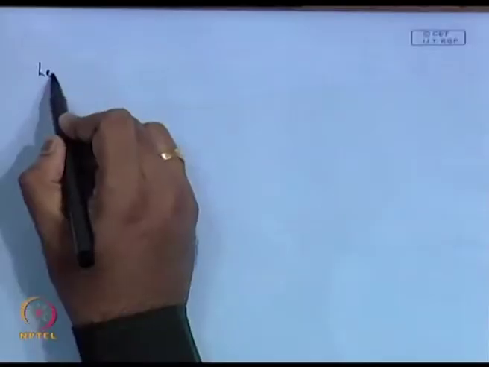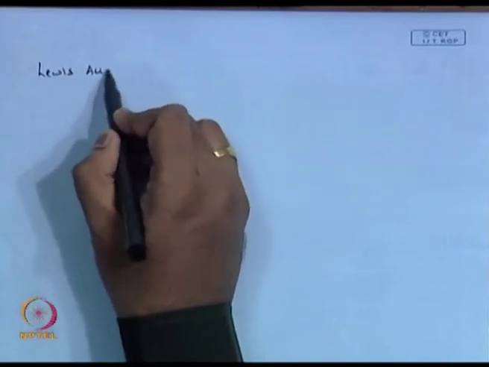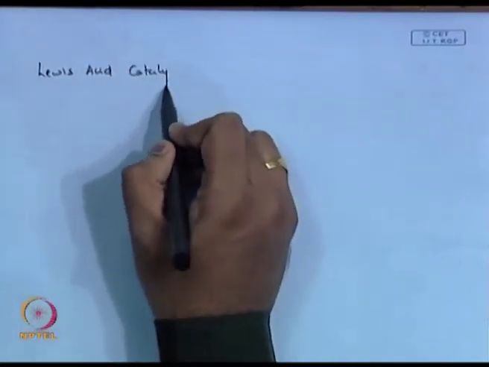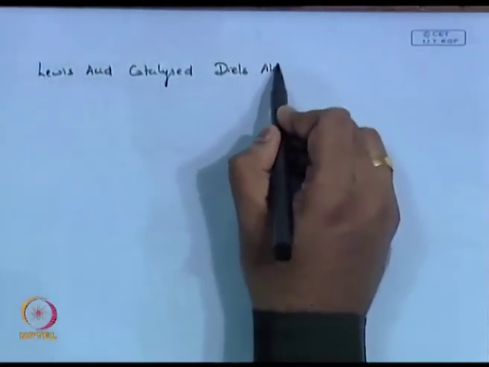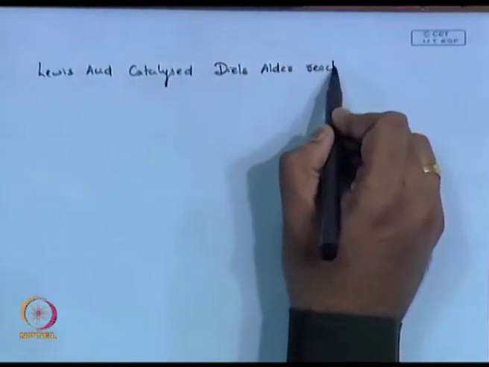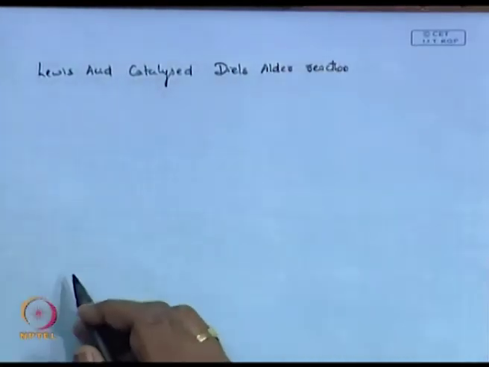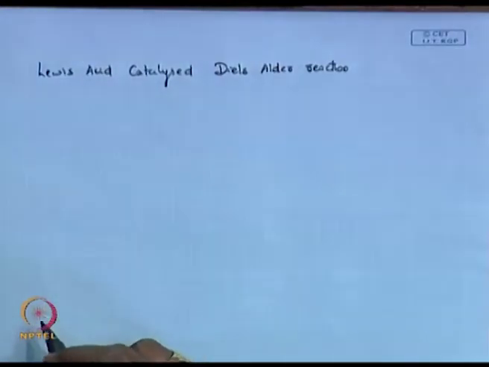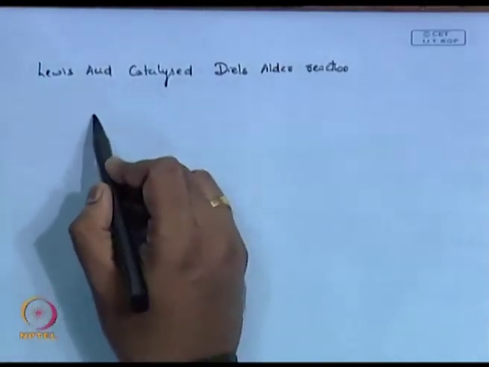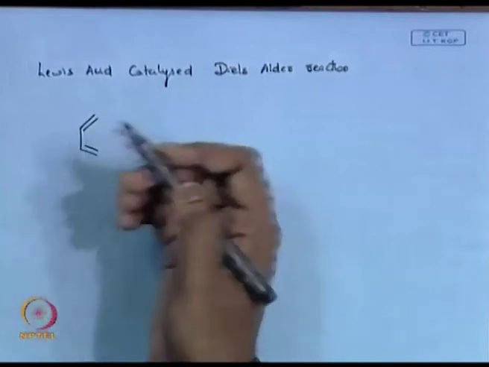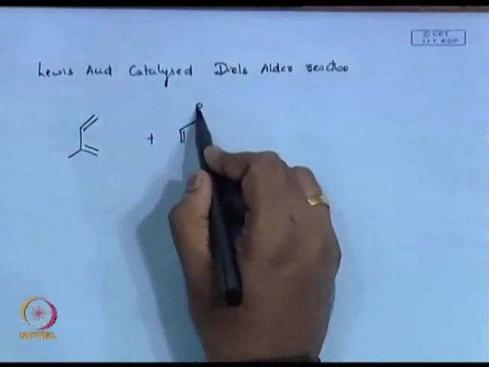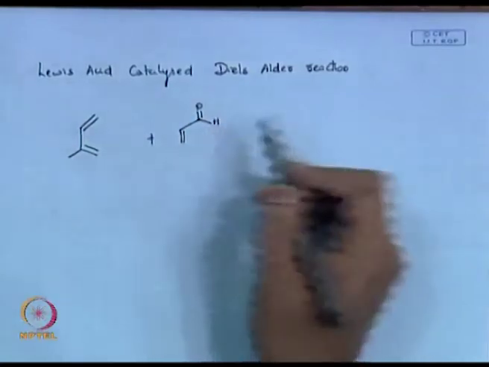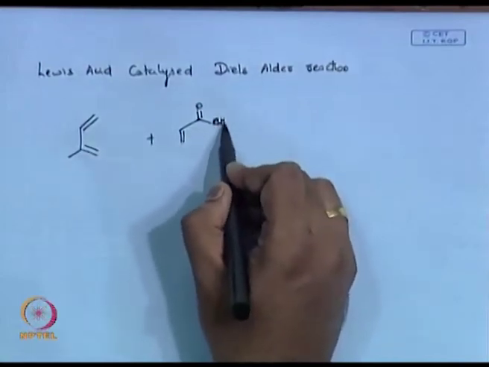Similar to extension of this, if you see, we have Lewis acid. If you do a Lewis acid catalyzed Diels-Alder reaction, so basically, like if you take a reaction of a diene like this with an aldehyde, kind of, oh sorry, it can be an acetone. Okay.